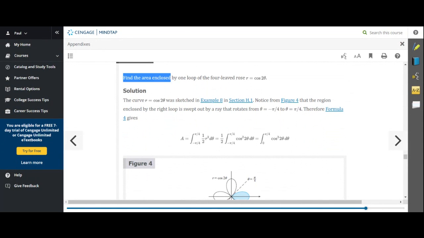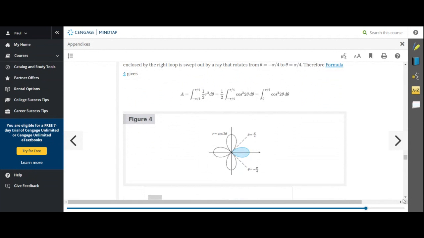So here we want to find the area enclosed by one loop of the 4-leaf rose, r equals cosine 2 theta. They've drawn a picture here of that 4-leaf rose. They want the area enclosed by one loop, so they just choose the loop on the right.